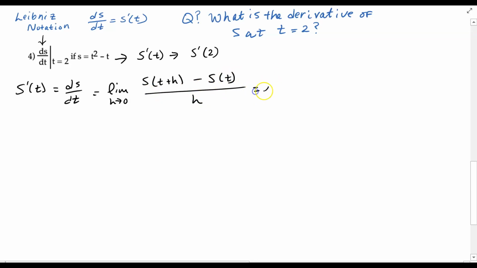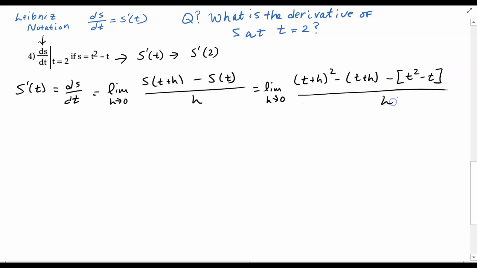We're going to find the limit as h approaches 0 of t plus h squared minus t plus h, minus the original function s, which is t squared minus t, all divided by h. Now I'm going to do the quick binomial expansion.